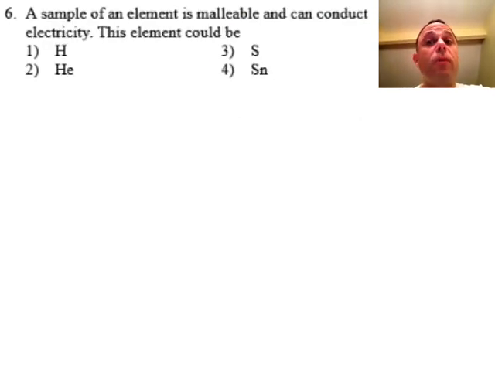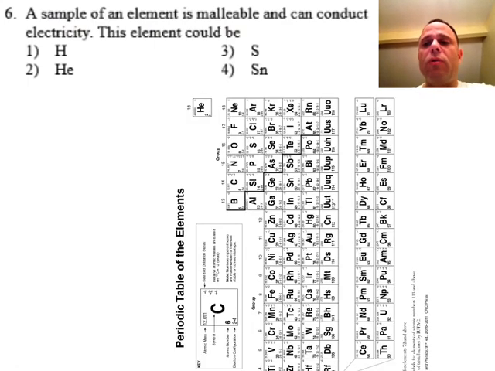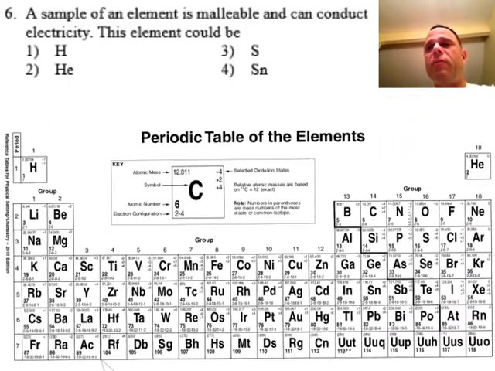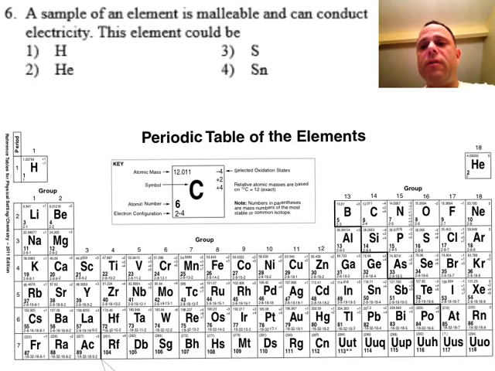And last, number 6. A sample of an element is malleable and can conduct electricity. This element could be, well, we know that it must be a metal. And metals are located on the left-hand side of the periodic table. Now, there is one exception. Hydrogen truly is not a metal.